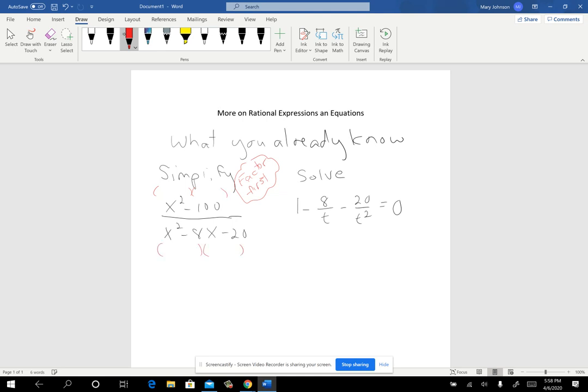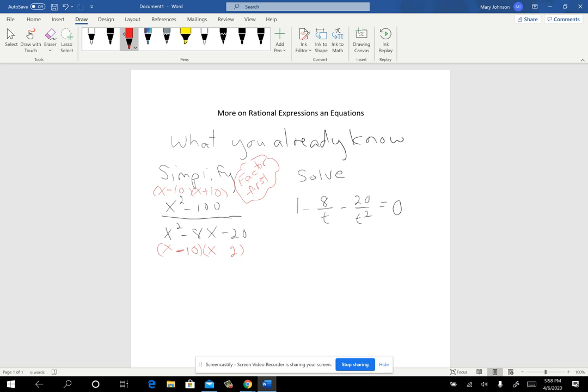So you've got to factor. You start with whichever of these you think would be easier to factor. The top one is just a difference of squares, so I know that's x minus 10, x plus 10. And then I might work for a minute to get the bottom one factored. I bet it's going to be 10 and 2, and then I can work with it till I get the signs.